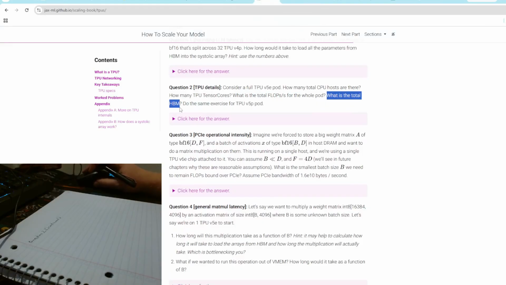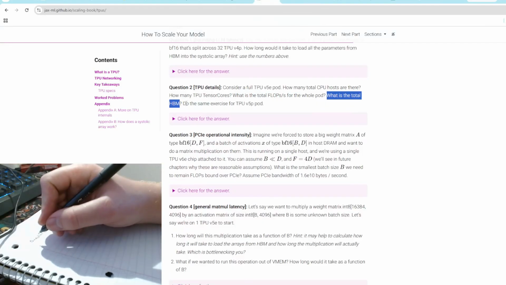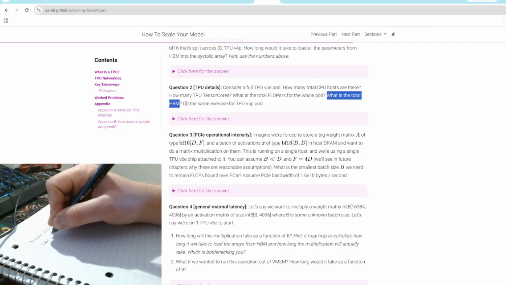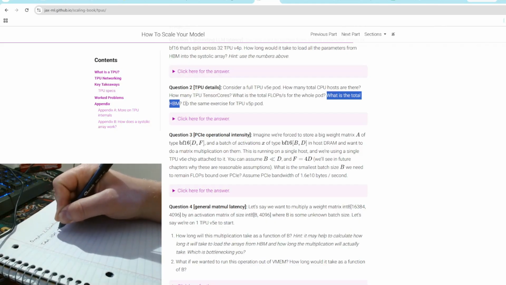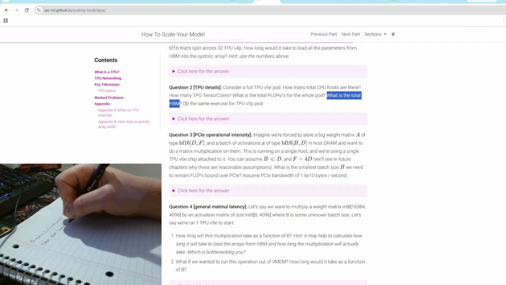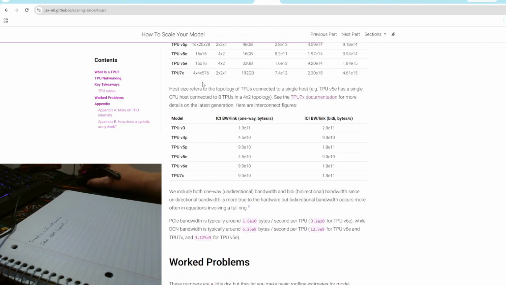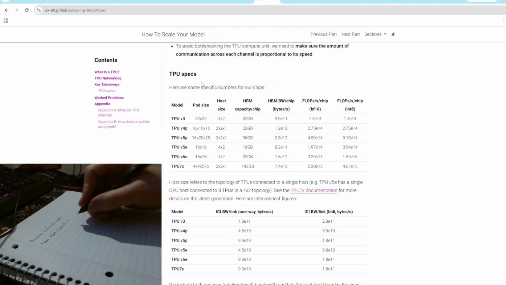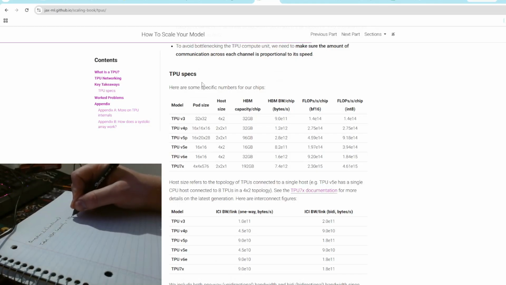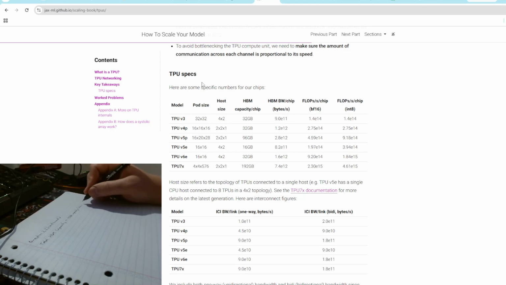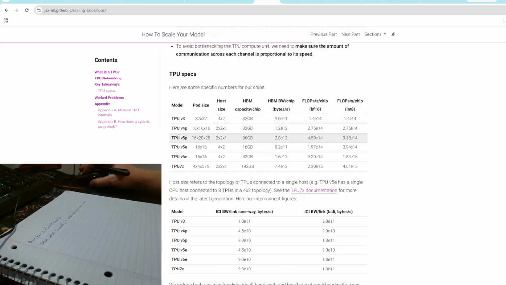What is the total HBM? Total HBM capacity equals HBM capacity per chip times chips, which equals V5P.